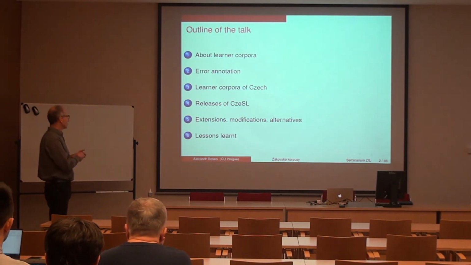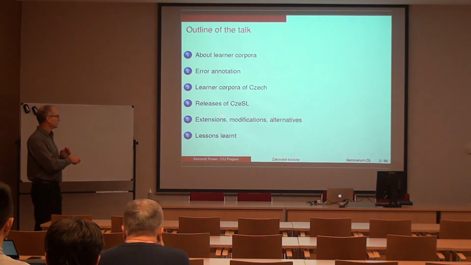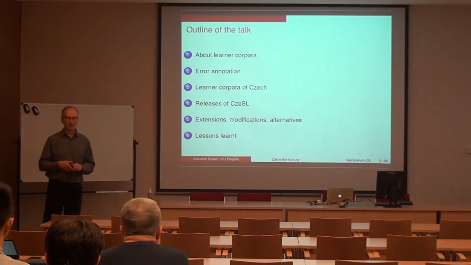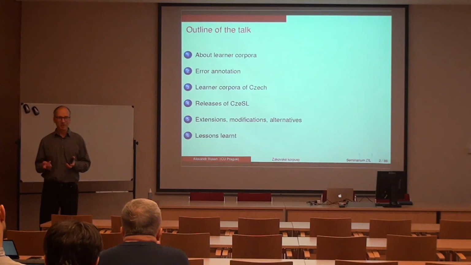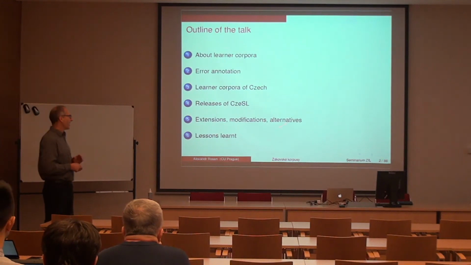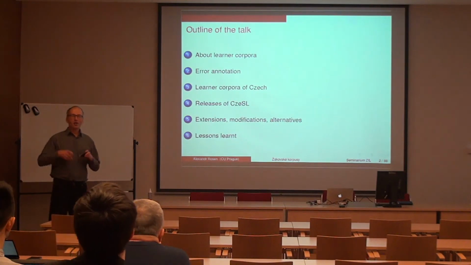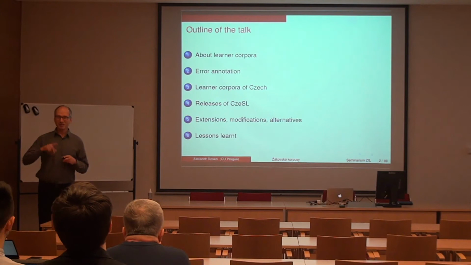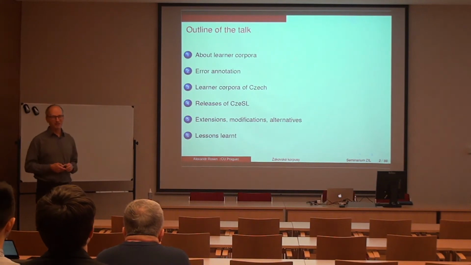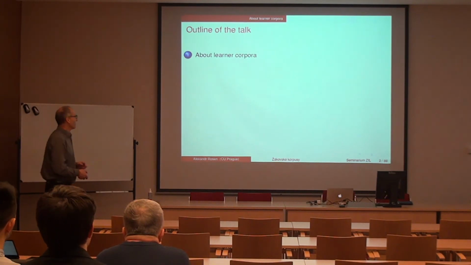So that will be this part, and then about something that is either work in progress or plans, and then lessons learned. So basically the talk will be about how not to do learner corpora, because we have made some hard lessons.